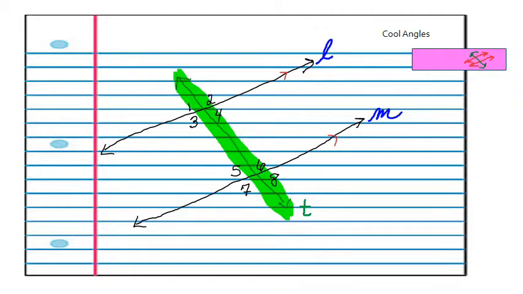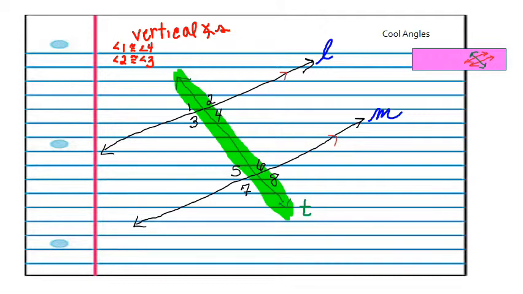The first thing that we remember from our properties is the vertical angles, and that vertical angles are all congruent. I'm going to give it a little bit of symbolism here so I can shorten it up. But vertical angles are all congruent, so we can say that angle 1 is congruent to angle 4, and angle 2 is congruent to angle 3.